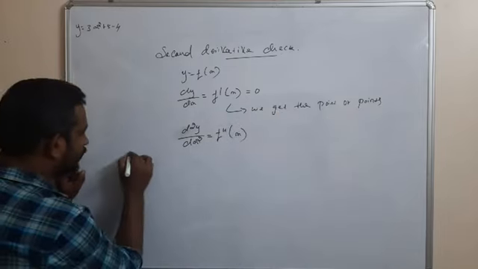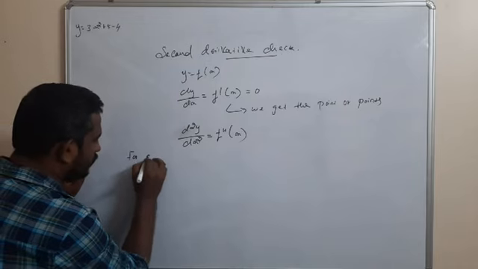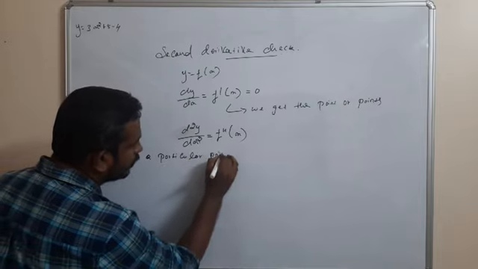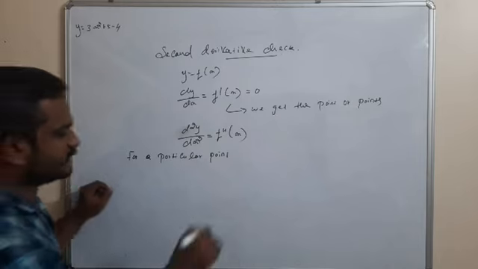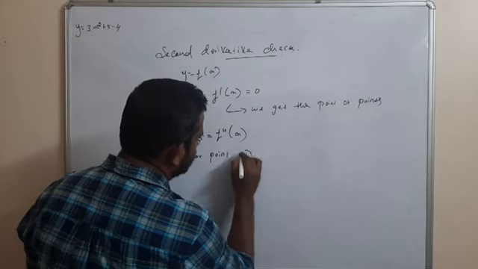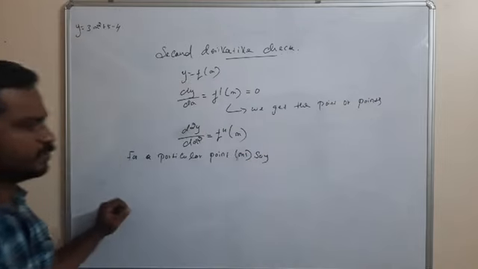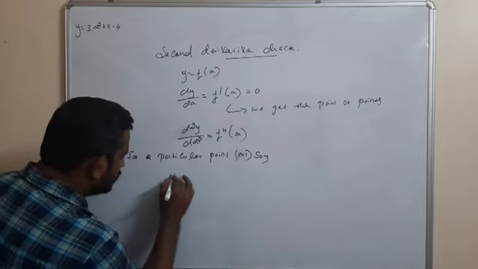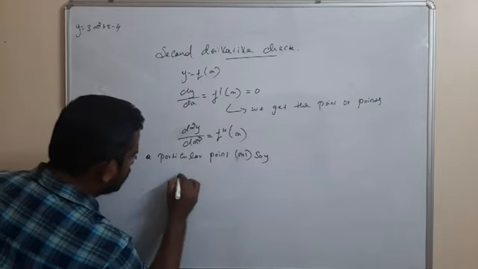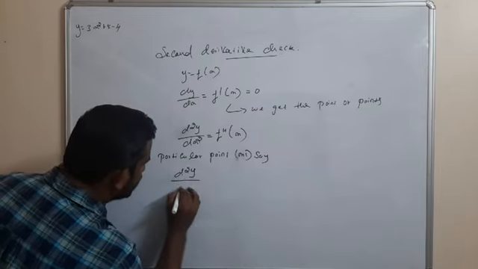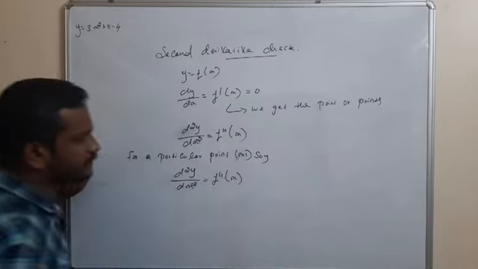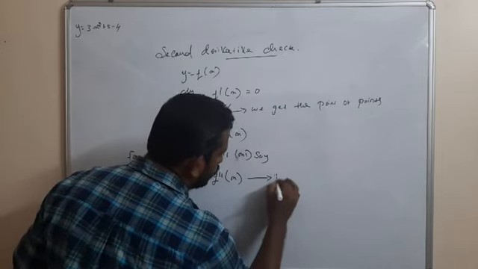So for a particular point, say x1, d square y by dx square, that's equal to f double dash of x, positive.